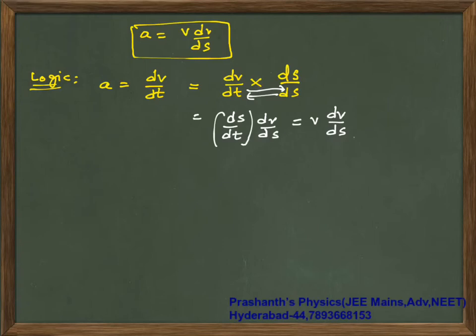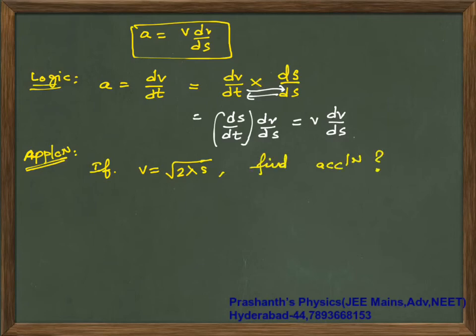Now once you get the acceleration, based on this let us try to see an application. Your question is, if v is under root 2 lambda into s, find the acceleration.